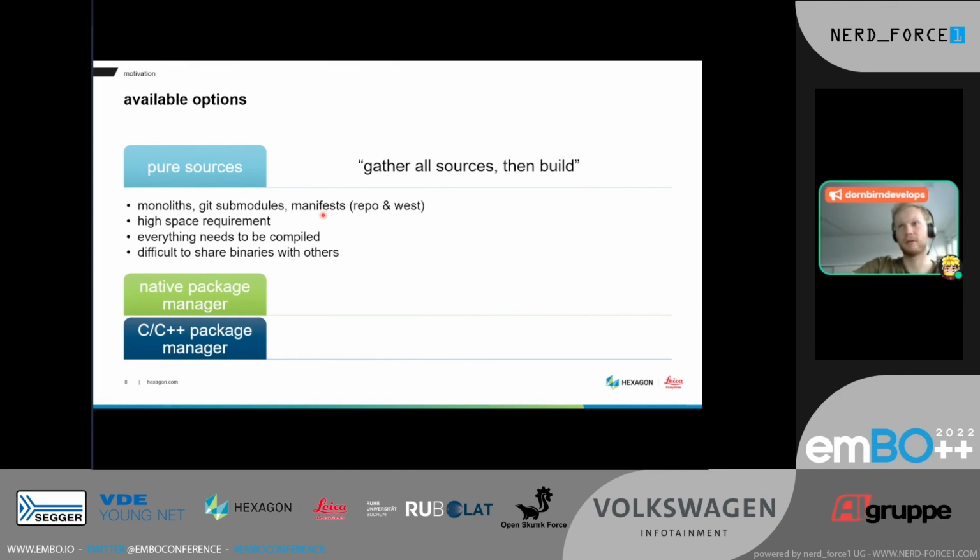And West is a tool that takes such a manifest. It happens to be the main build tool for Zephyr, and it takes this manifest to prepare your sources in a way that is convenient to work with. Same goes for the repo tool. Repo is one that is used mostly on Yocto Linux.